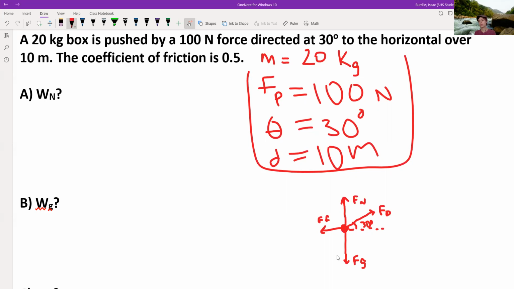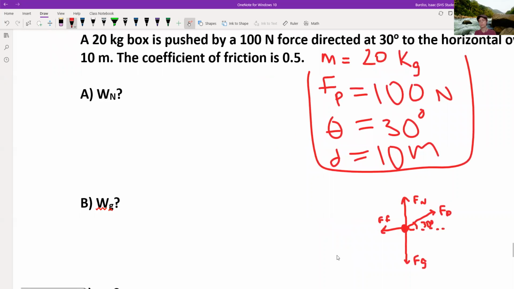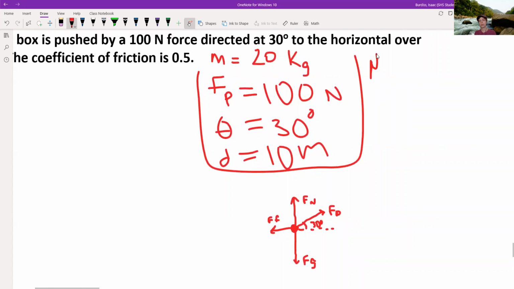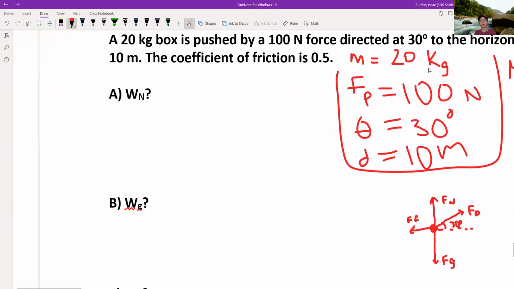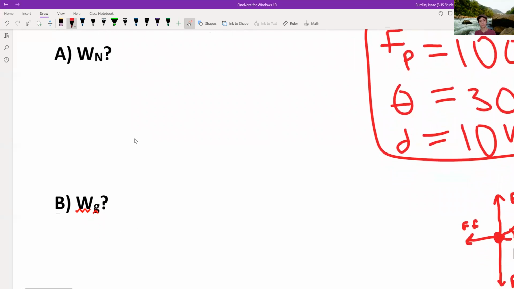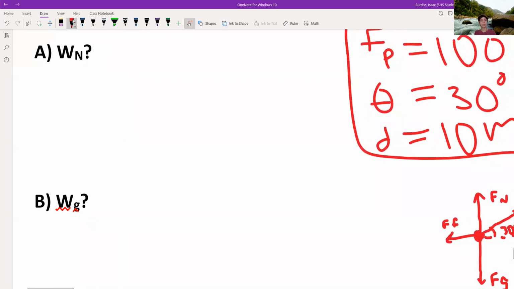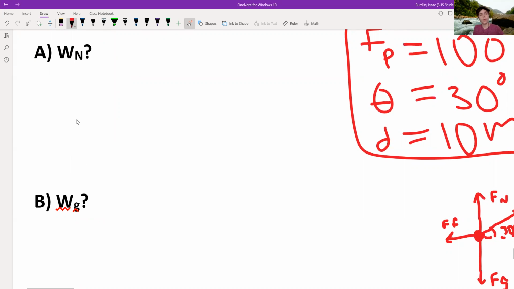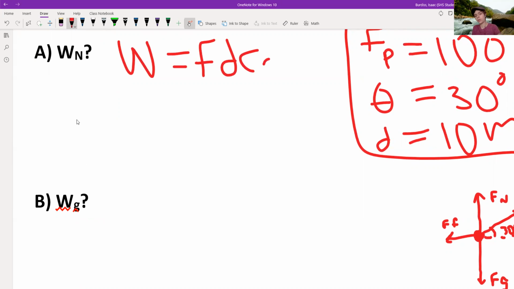So let's see. Oh, I forgot to write on this. All right. So what is the work done by the normal force? Well, for one thing, how do you find work again? It is force times distance times cosine of angle.